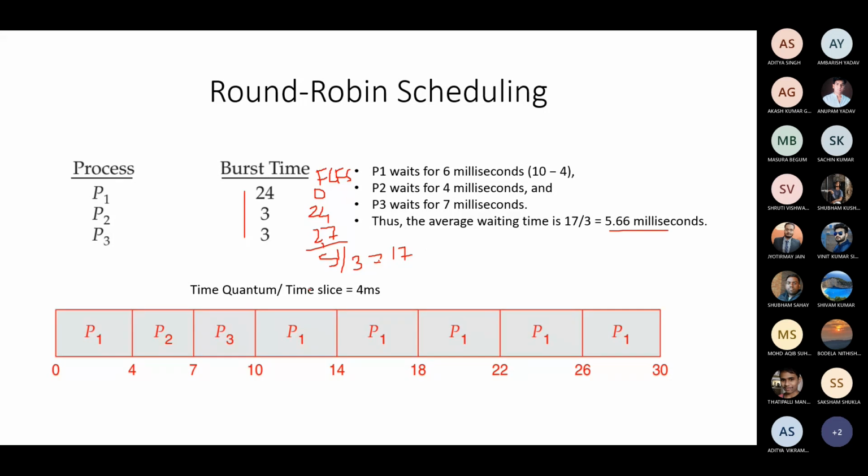Both are not having the knowledge of burst time. Without the knowledge of burst time, we could efficiently bring it down to 5.66 milliseconds. So this is the algorithm that in real life the round robin scheduling algorithm is executed with some additional features that we will try to see.